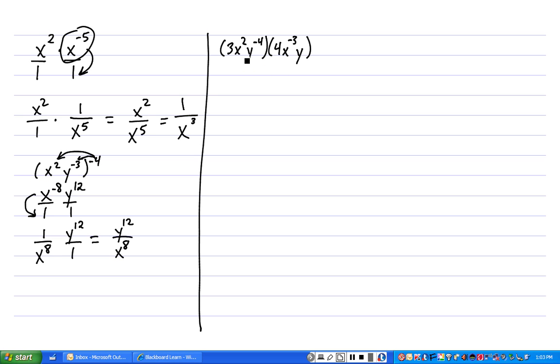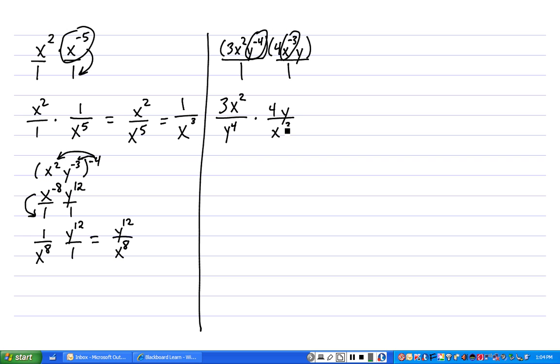positive. So when I look at this first one, this is really like saying that over 1 and that over 1. So I could rewrite this as 3x squared, and because my y to the negative 4 is in the numerator, I can write it in the denominator to make it positive. Alright, and here, because my x to the negative 3rd is in the numerator, I can bring it to the denominator and make it positive.